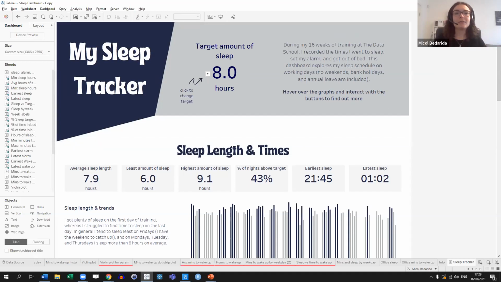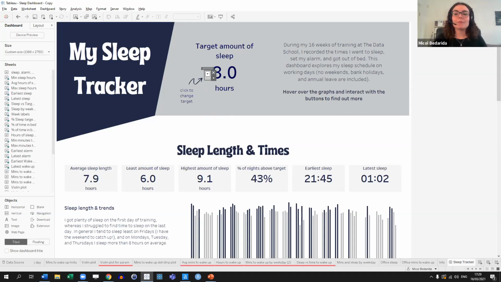First of all, I allow the user to choose a target amount of sleep each night, which for me is 8 hours, so it defaults to 8 hours, but it could be anything.